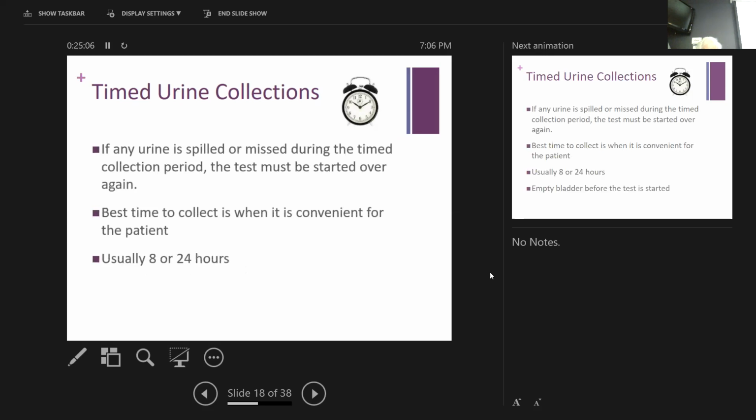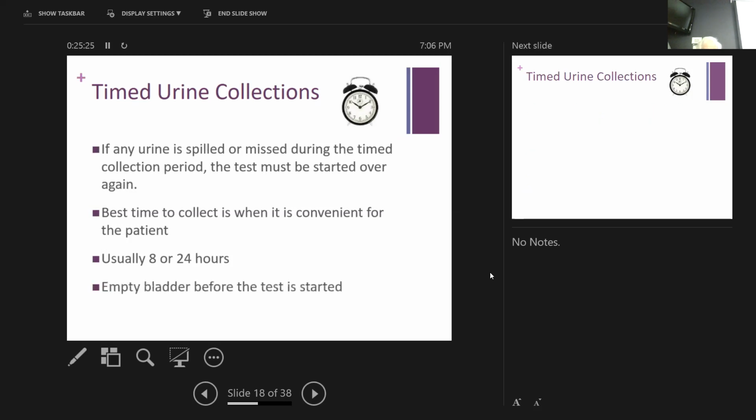And if you lose a sample, say you spill it, especially if you're voiding into a pan, then you have to start over with the whole timed thing. It's usually 8 or 24 hours, and at the time you start, you should start with an empty bladder.